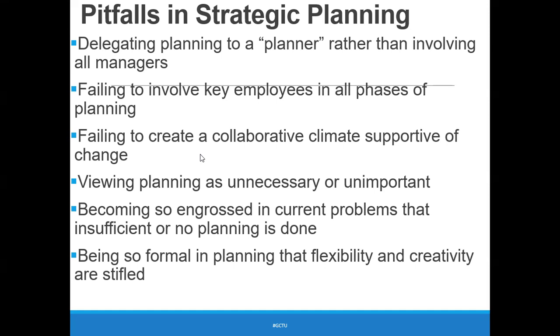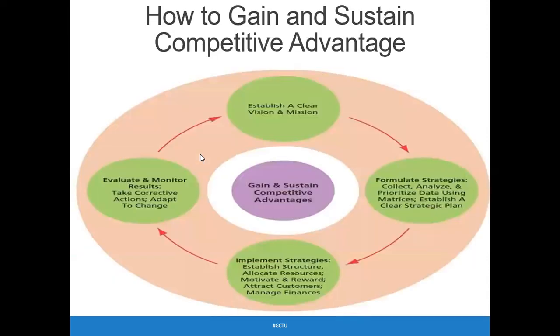And under such circumstances, you will not be in a position to take advantage of new opportunities. So as much as possible, the pursuit of strategic planning should not be done in a rigid, linear, or continuous trajectory. Rather, it has to be iterative. Say iterative or iterative, depending on the secondary school you attended. So these are the 10, is this a 10 or a 12 pitfalls that you can look at?